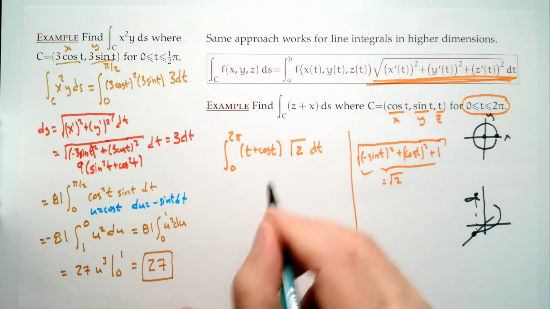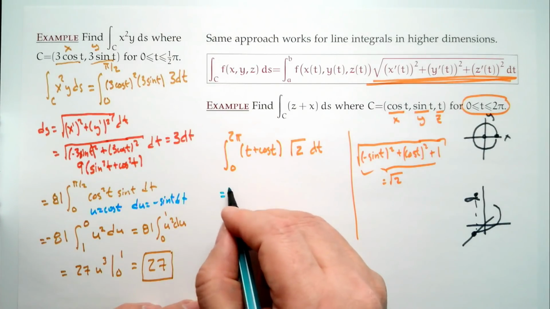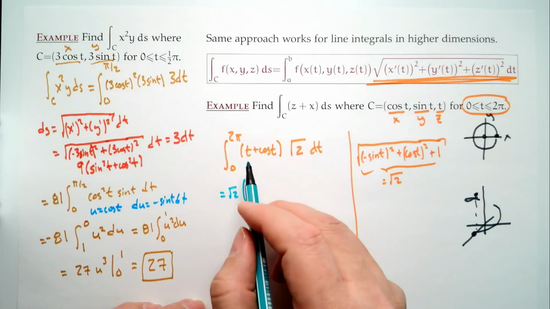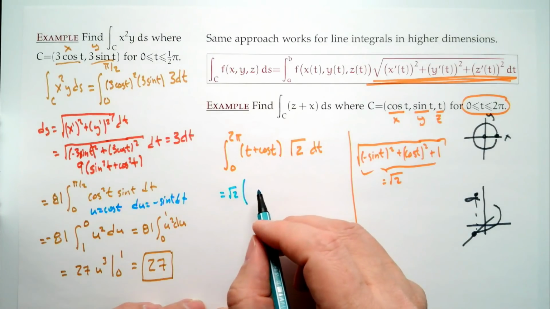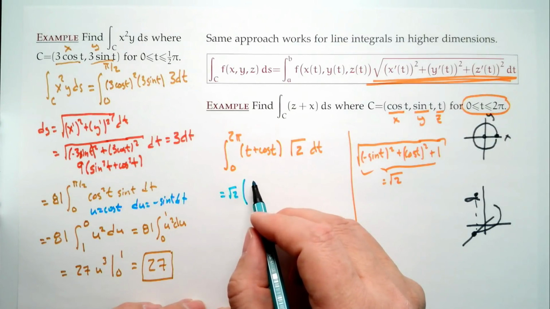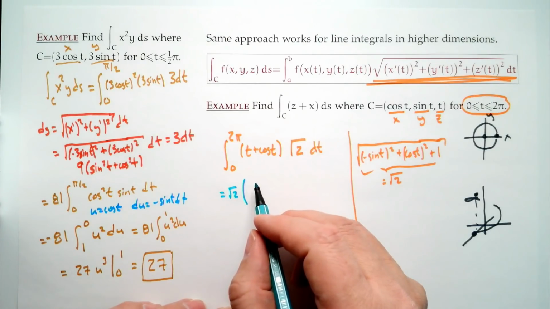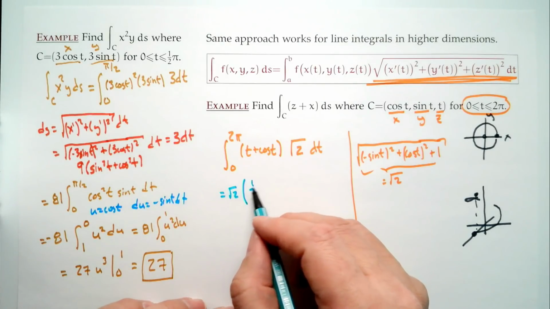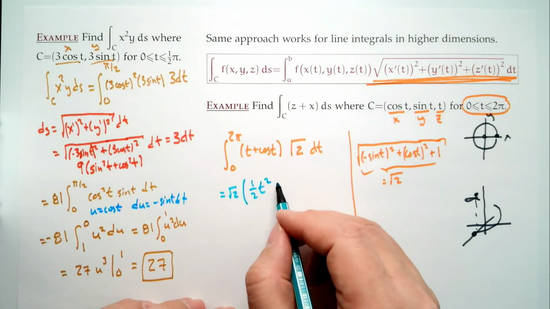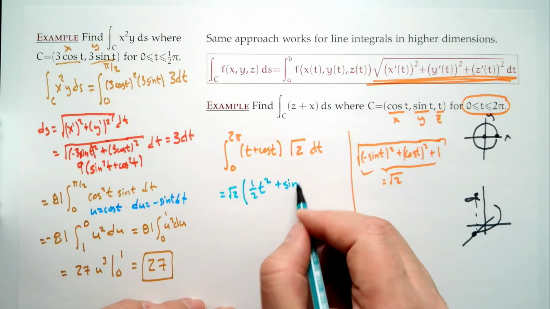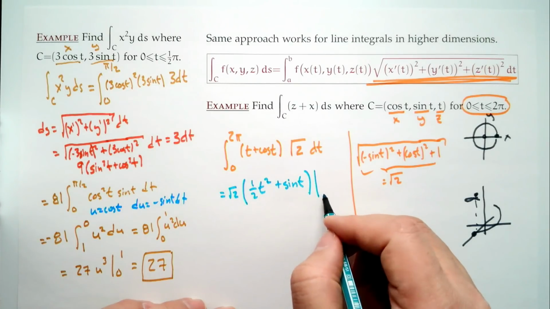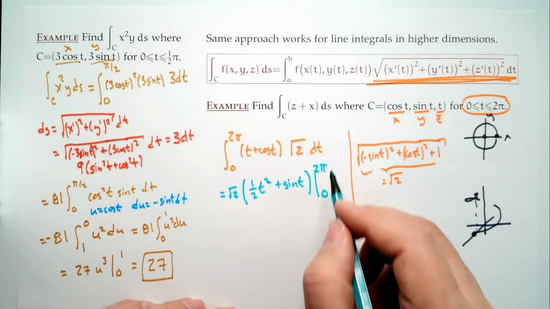So now we're pretty close. The square root of 2 is a constant, so I can just pull that to the side. What's the integral of t plus cosine t? Right, 1/2 t squared plus sine of t, evaluated from t equals 0 to t equals 2 pi.